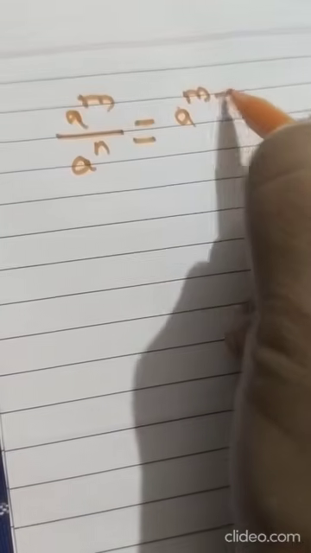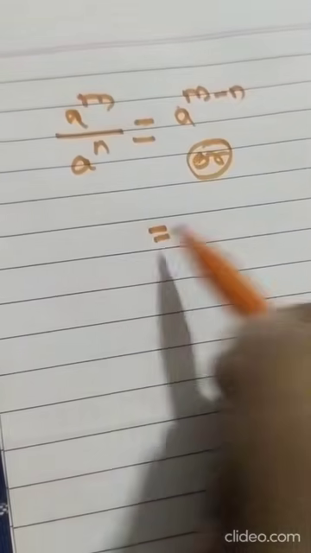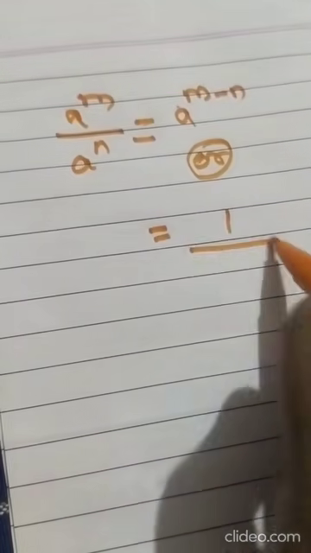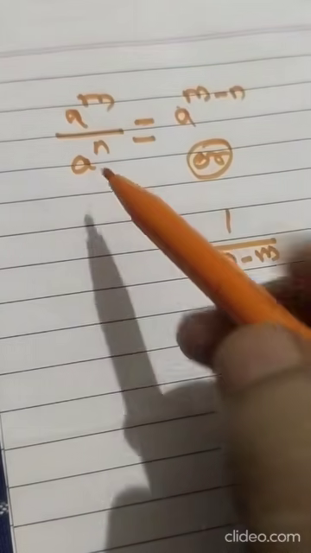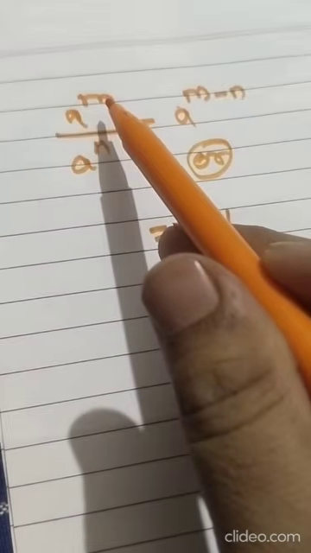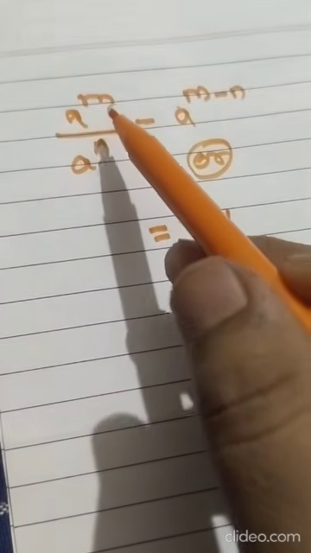We'll discuss the law of exponents which says a raised to m when divided by a raised to n, we get a raised to m minus n. This also is equal to 1 upon a raised to n minus m. So subtraction of power will take place when two exponents are in division.